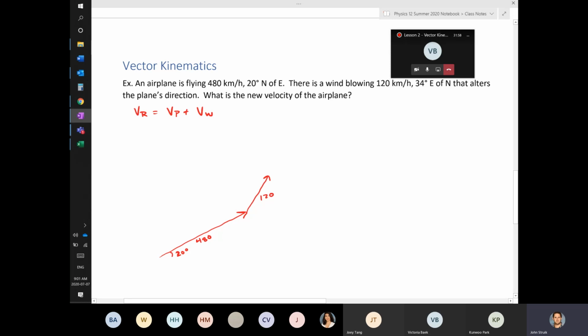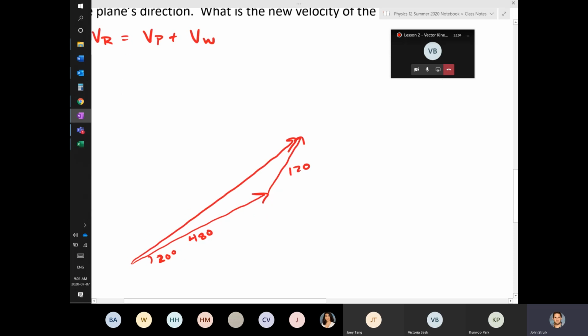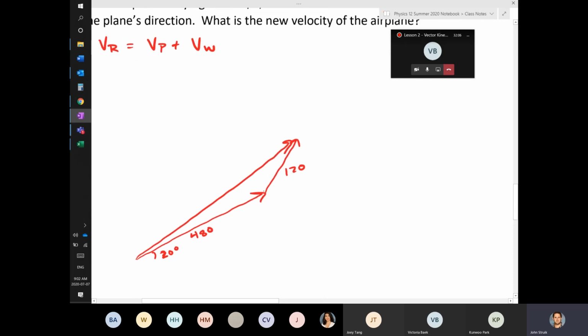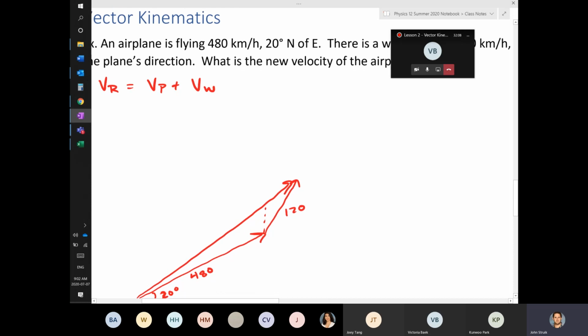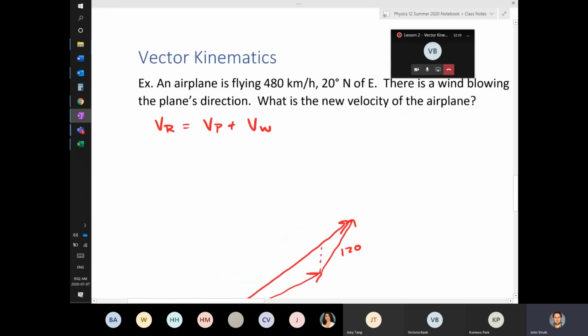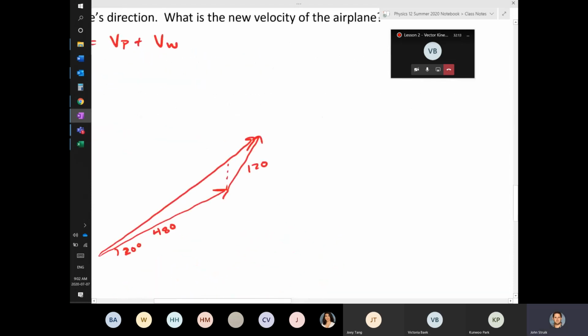And then I'm going to close this vector. So there you go. Should have drawn that bigger. That's okay. So this right here, it is 34 degrees.